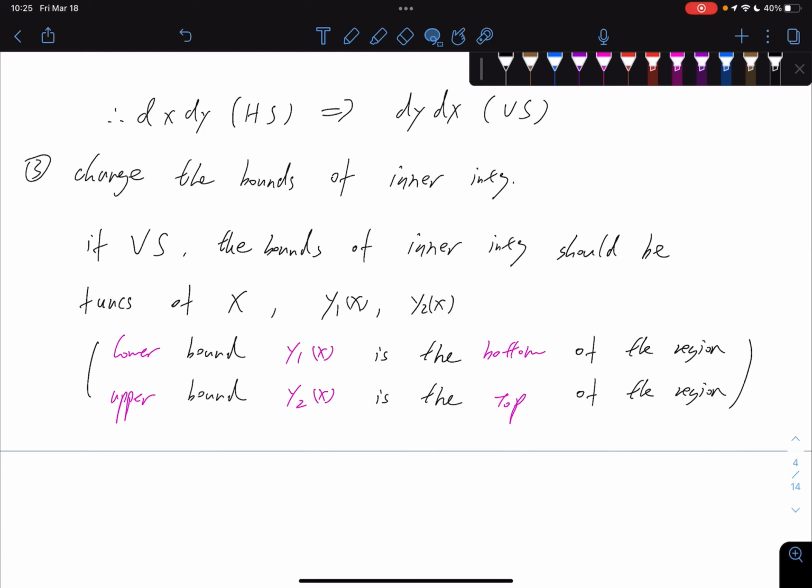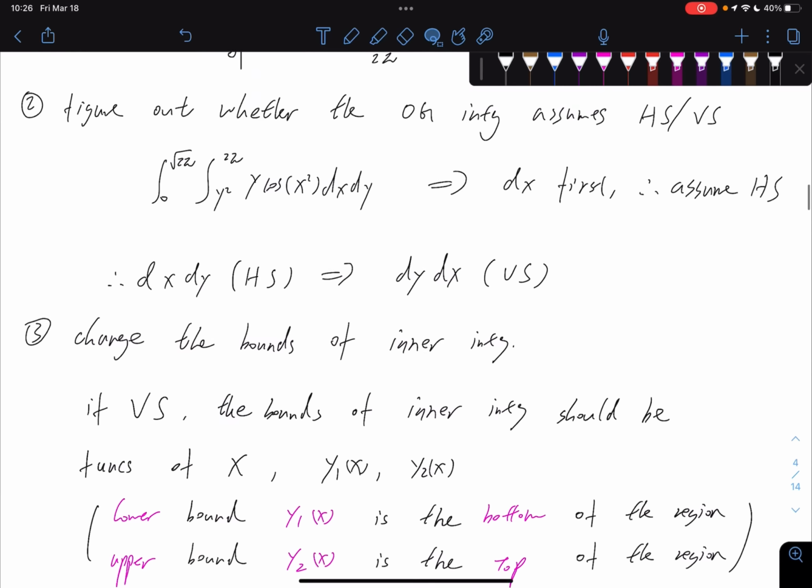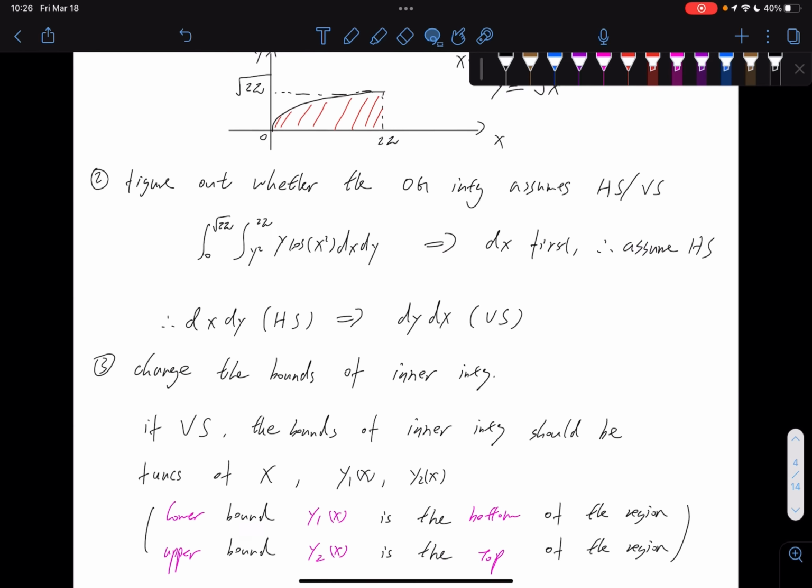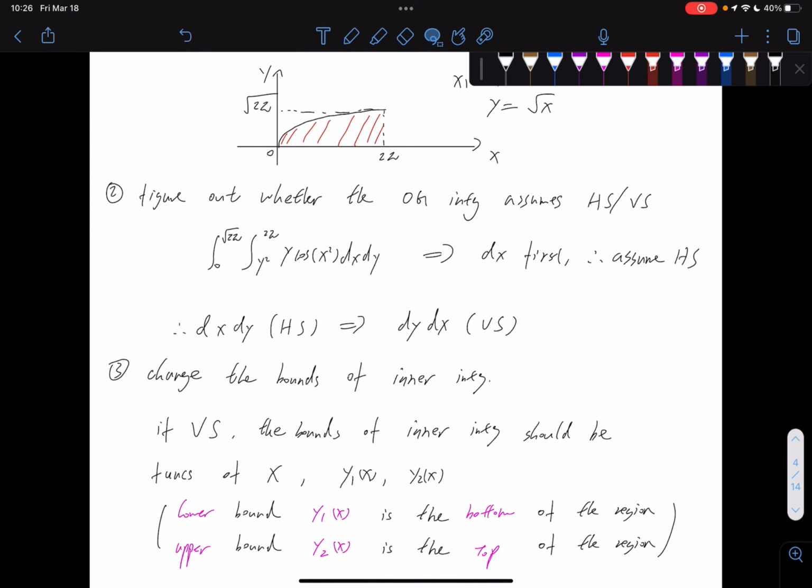Okay, so let's go back to our region that we just drew here. So where is the lower bound? I think everybody can agree that the very bottom of the region of integration is right here, and in terms of functions, that is just y equals 0.